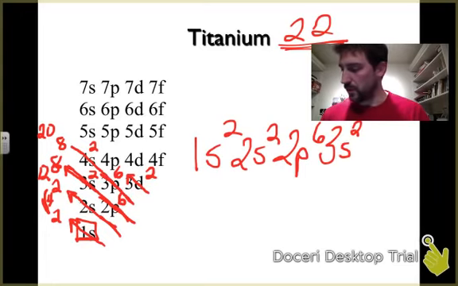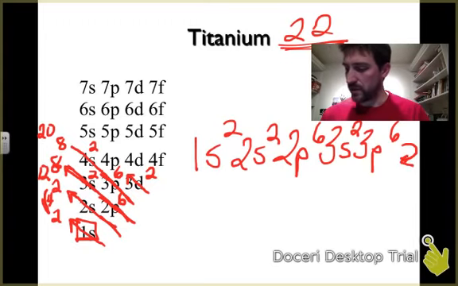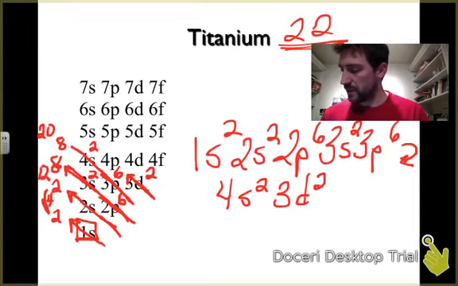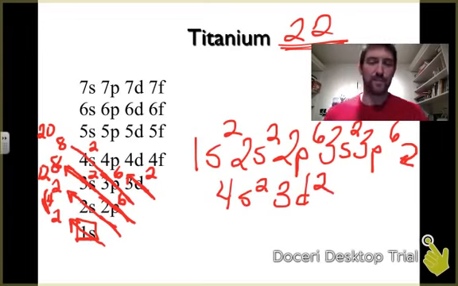Then it runs into the 3p6, and I'm going to show that I'm starting over down here at the bottom. After the 3p6, I go to the 4s2, and finally down here to the 3d2. So that's my full electron configuration for titanium.